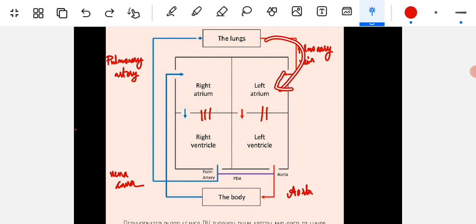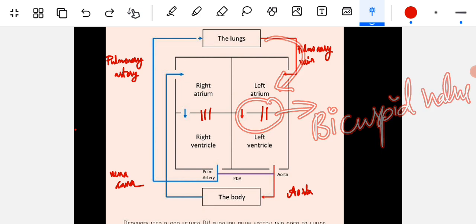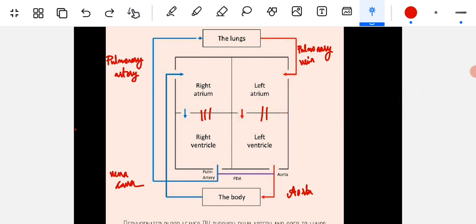So the first pipe is the pulmonary vein, between the lungs and the left atrium. From the left atrium to the left ventricle there is a valve. There are 2 flaps, so we call this valve the bicuspid valve. From the left ventricle to the body, it is done by the aorta.